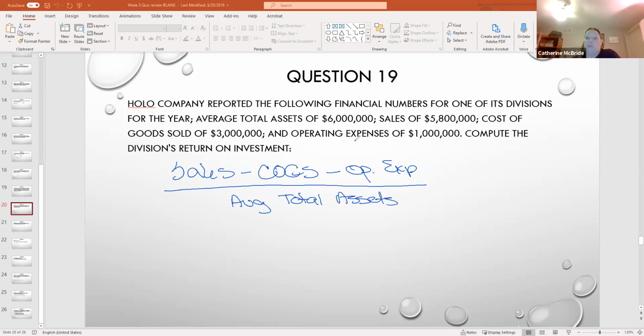So there's a lot of numbers to plug in. So Holo Company reported the following financial numbers for one of its divisions for the year. Average total assets of $6 million.